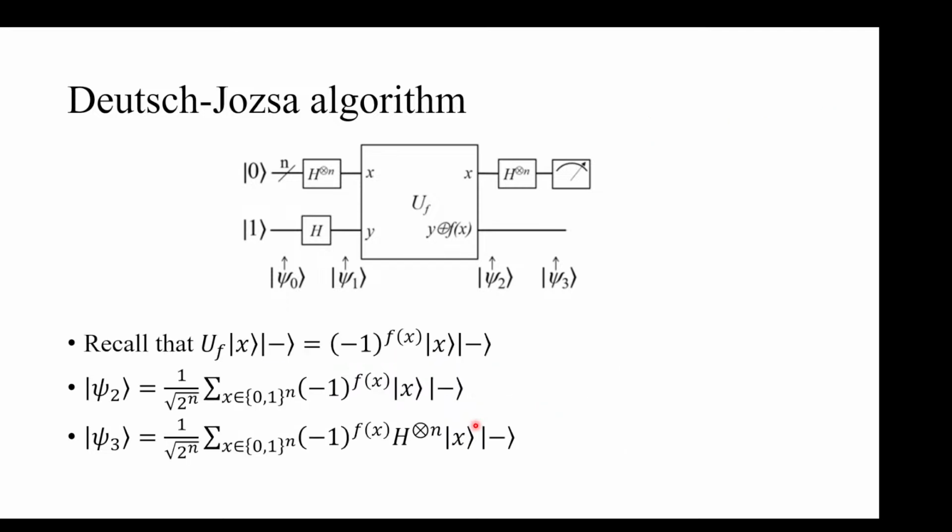I guess we have 1 more minute, so let's finish this part. And then just as before, we have phase kickback. I guess we are being a little lazy here because we derived phase kickback with the 1-bit function.